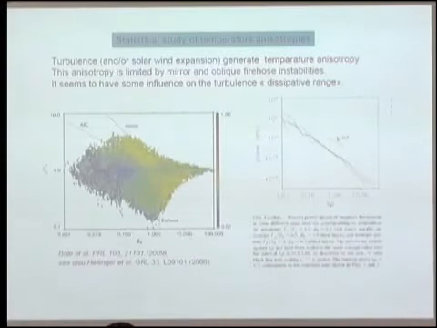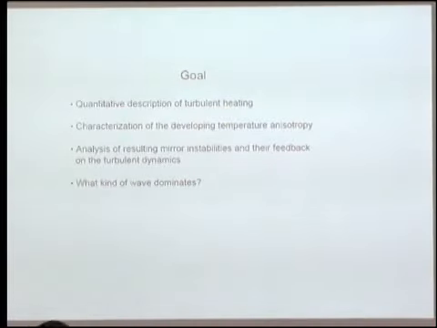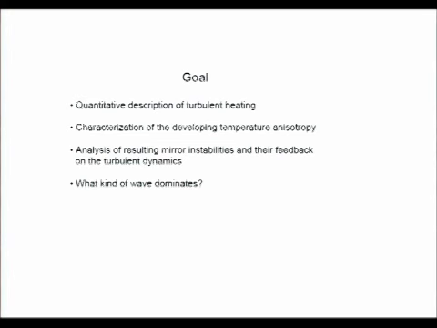So the goal is also to understand the quantitative description of turbulent heating, characterization of the developing temperature anisotropy, and analysis of the resulting mirror instabilities and their feedback on the turbulent dynamics. And finally, what kind of wave dominates in these regimes where you're really dominated by mirror instability.